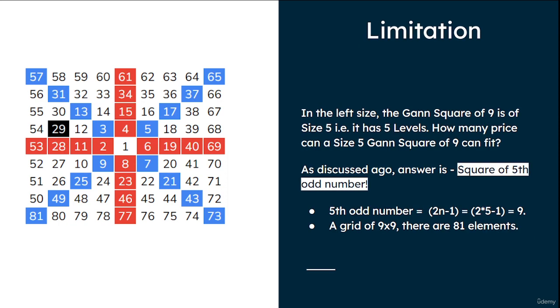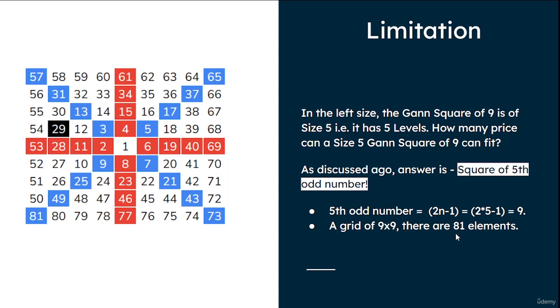Now on the left side, the Gann Square of 9 is of size 5. It has 5 levels: 1 level, 2 level, 3 level, 4 level and 5 level. Now how many prices can a size 5 Gann Square of 9 fit? We already discussed that this is a 9 by 9 grid, right? 1, 2, 3, 4, 5, 6, 7, 8, 9. A 9 by 9 grid, so there are 81 elements.